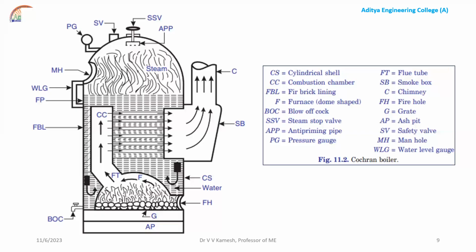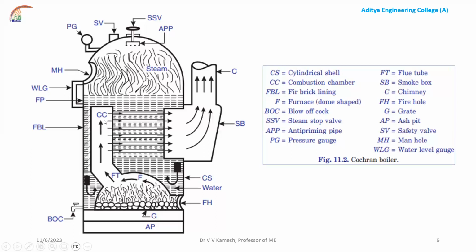Okay. So this is a simple line diagram of your Cochran boiler. You can see so many parts. At the bottom, you can see the ash pit, and here the furnace. There is some coal or some fuel, which is burnt. You are seeing the burnt gases as arrows.